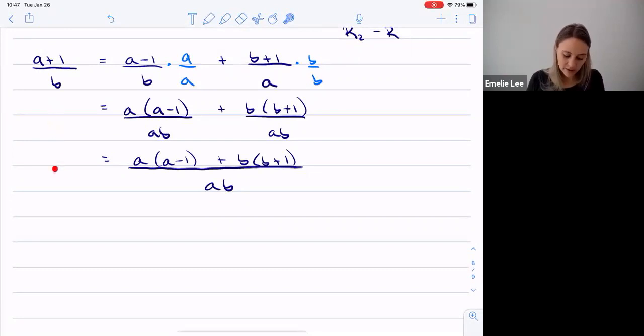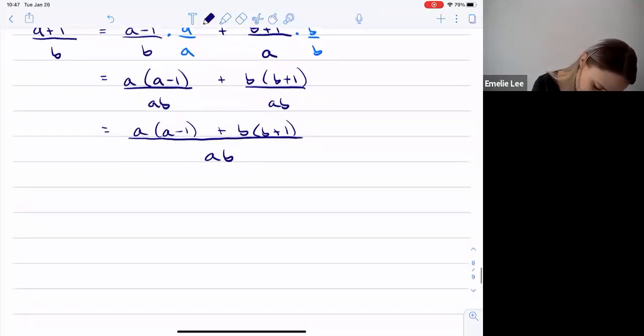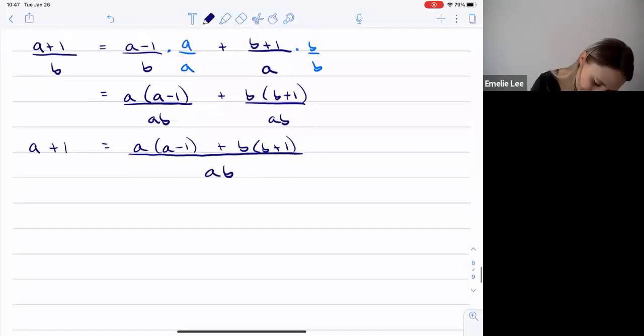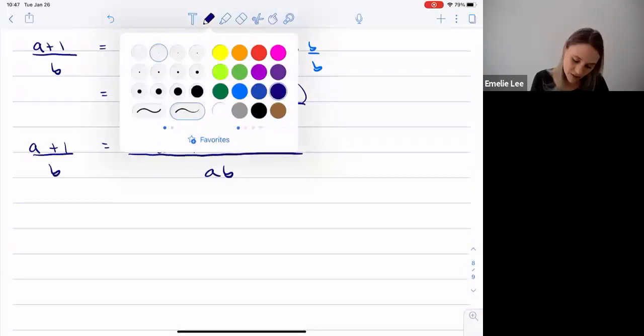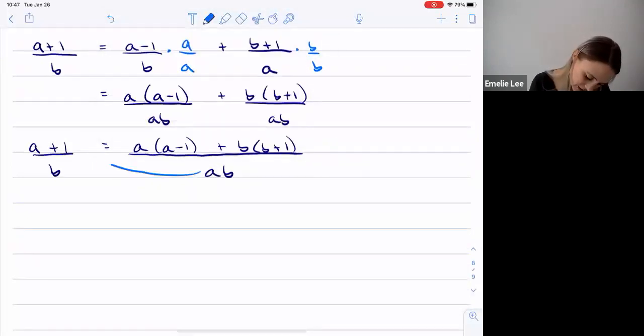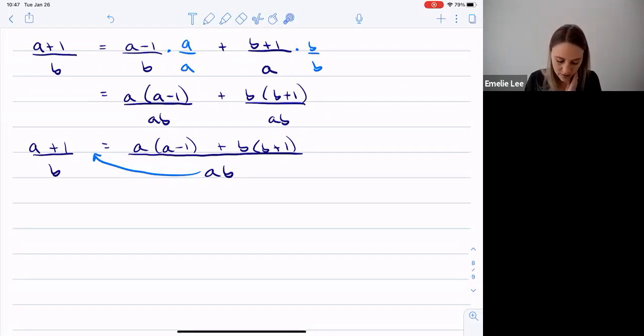I haven't changed anything on the left-hand side, but now that I have this common denominator, my next step is to try to get rid of these fractions. I'm going to be able to multiply both sides by ab. So I'm going to copy out the left-hand side here, and multiply this over.